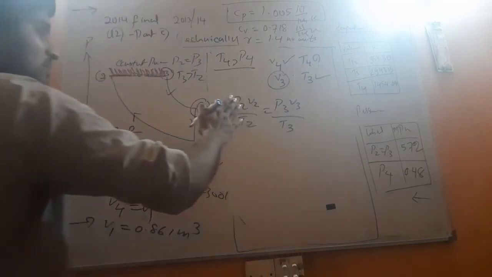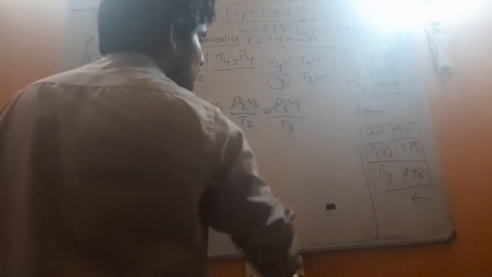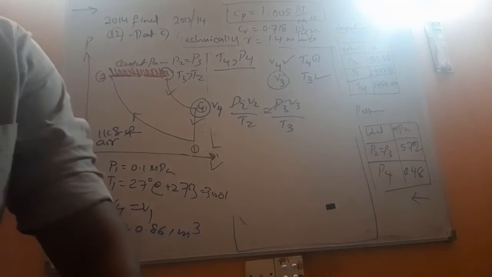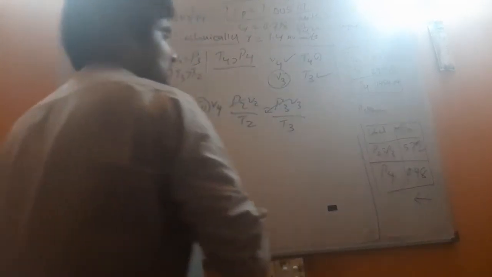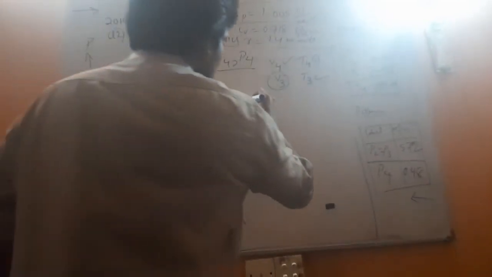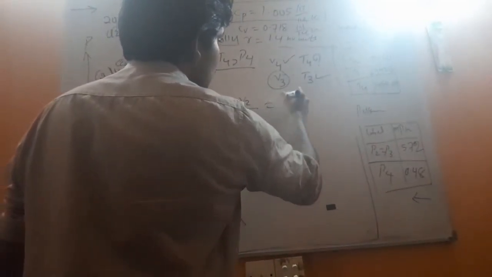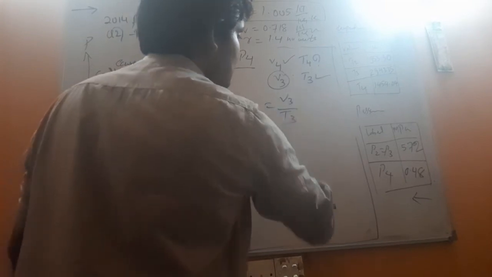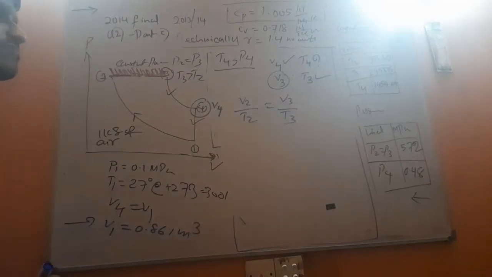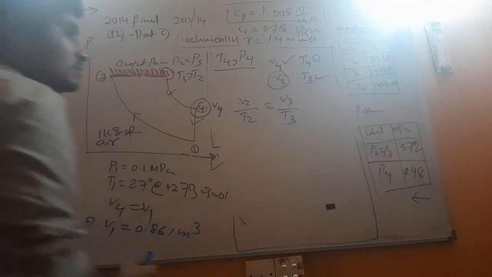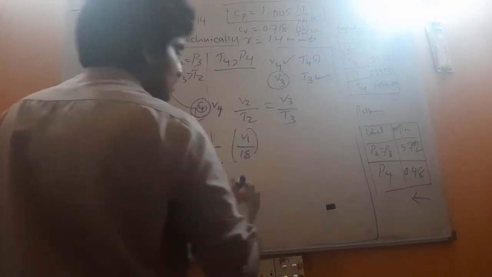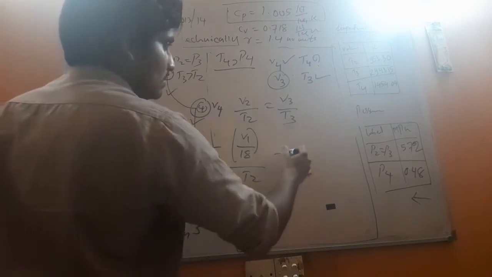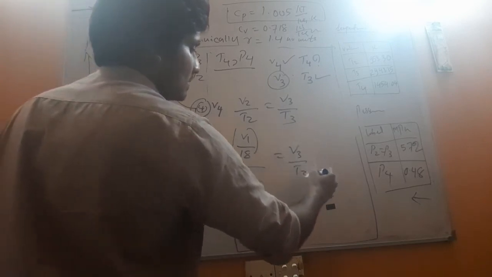It is a constant pressure process, so you can cancel P2 and P3 because P2 is the same as P3. So V2 over T2 equals V3 over T3. What is V2? V1 divided by 18.